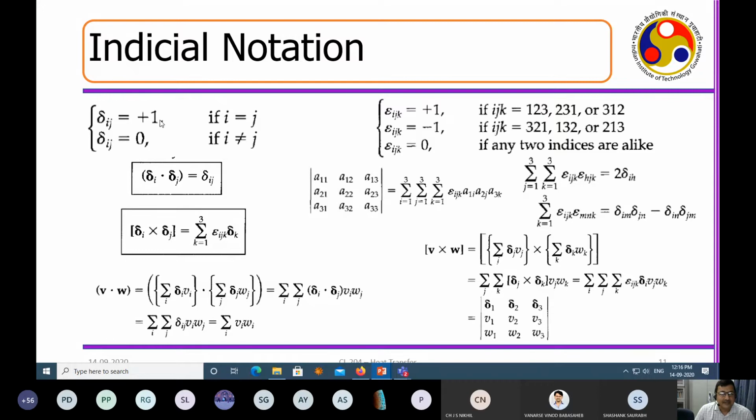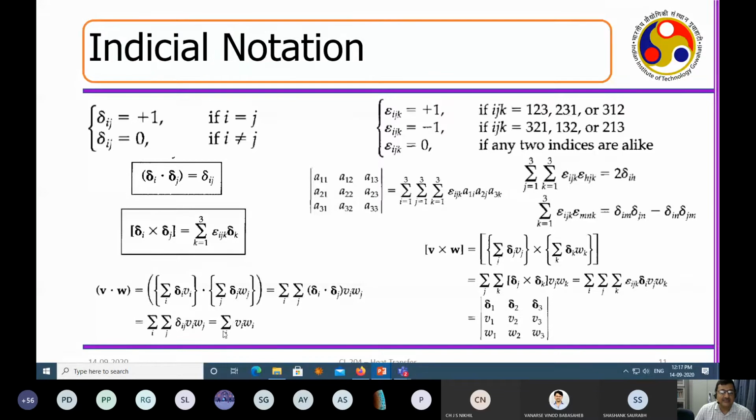Delta IJ is equal to +1 when I equals J, and delta IJ is equal to 0 when I is not equal to J. This is the definition that you carry forward in order to convert a dot product, like V dot W. So delta I VI and delta J VJ. Now delta I dot delta J, if you take a dot product, leads to delta IJ VI WJ, and this leads to VI WI.